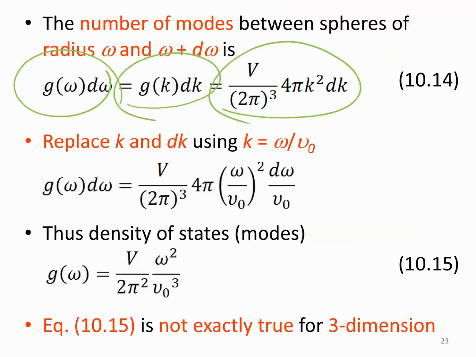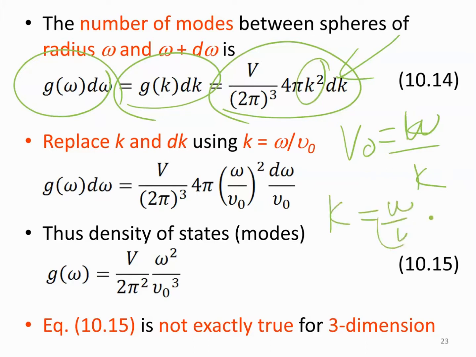Now you want to further simplify this equation 10.14. We know that V naught equals omega over k, right? So k equals omega over V naught. I just substitute k equals omega over V naught into here.